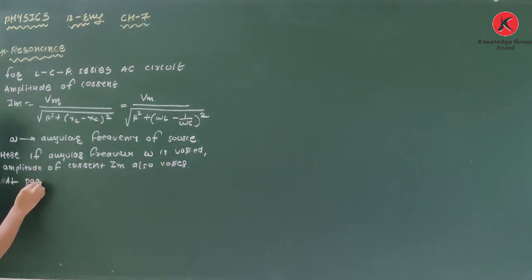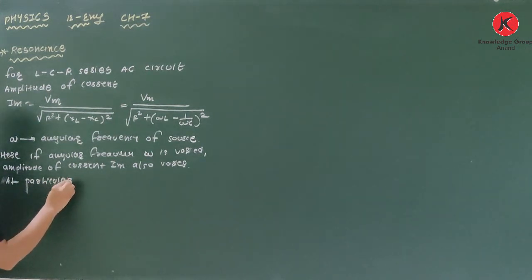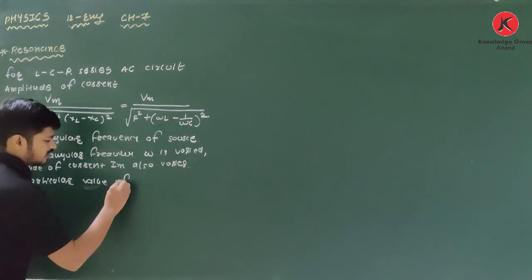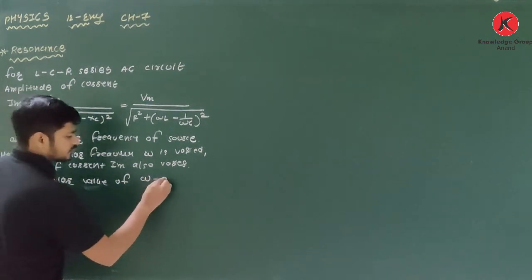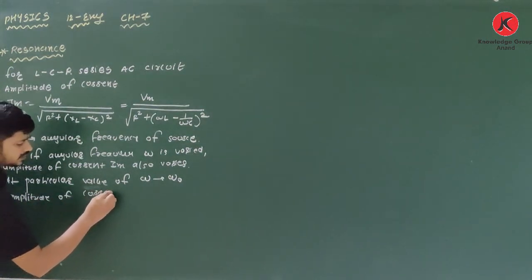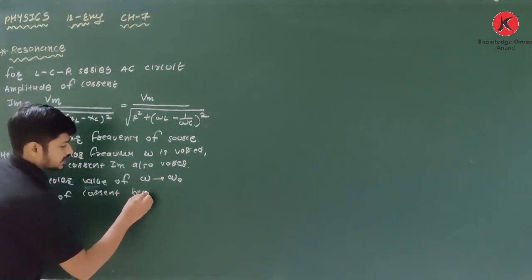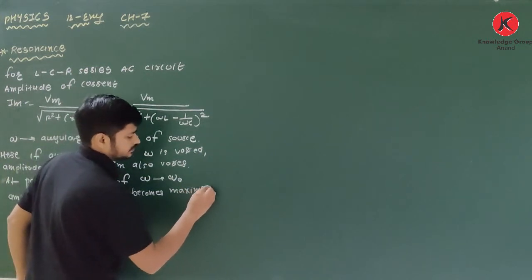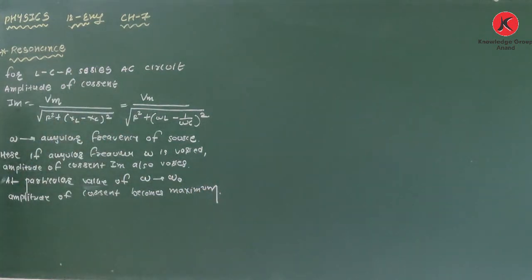So at a particular value of omega, that is omega 0, the amplitude of current becomes maximum.